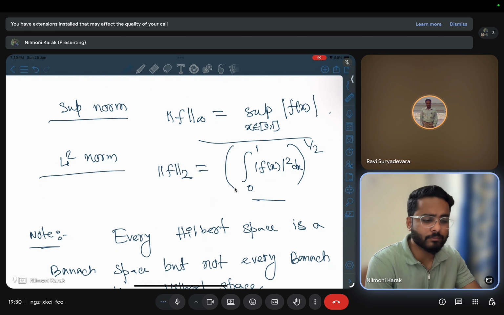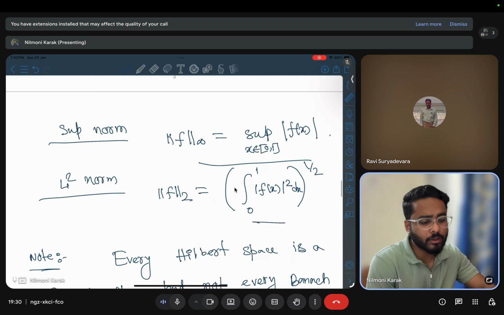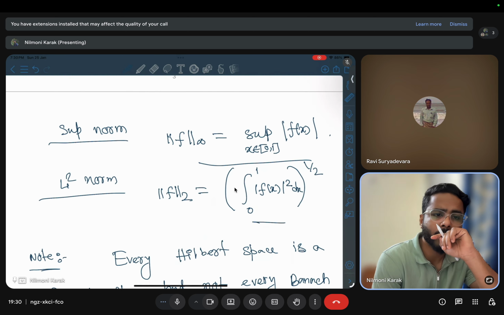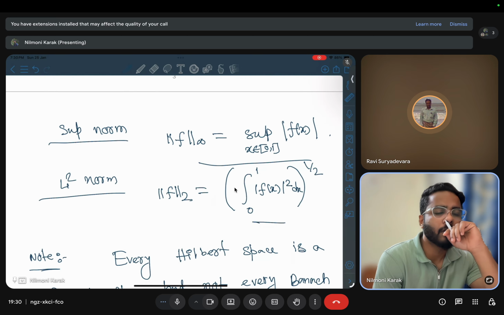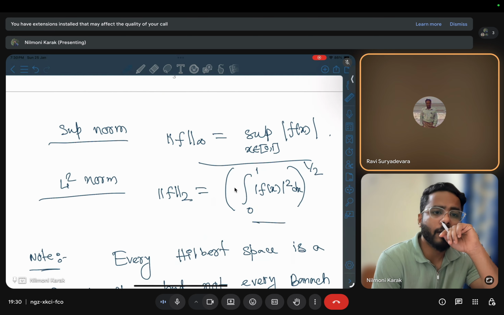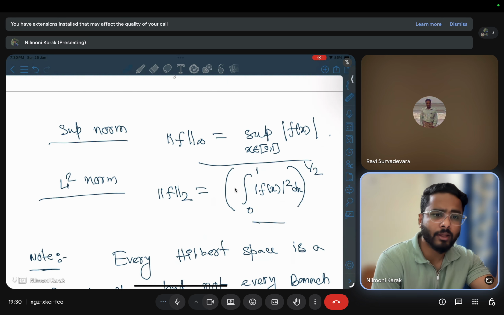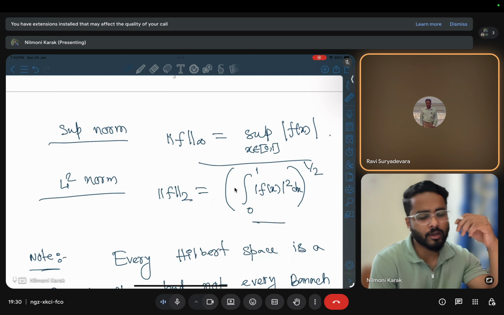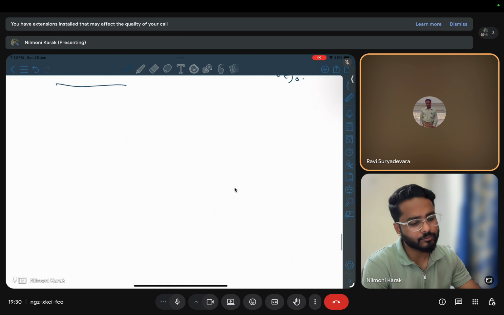Supremum means the smallest upper bound; it may or may not lie in the set. And infimum is the opposite thing: the largest lower bound. Okay, got it.